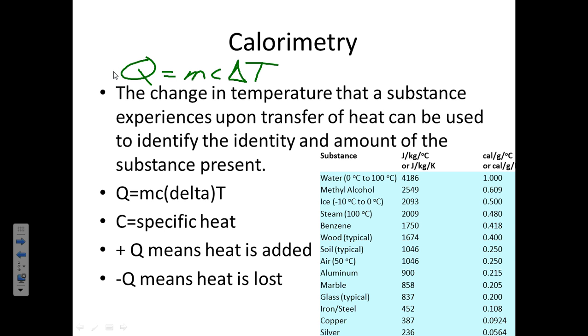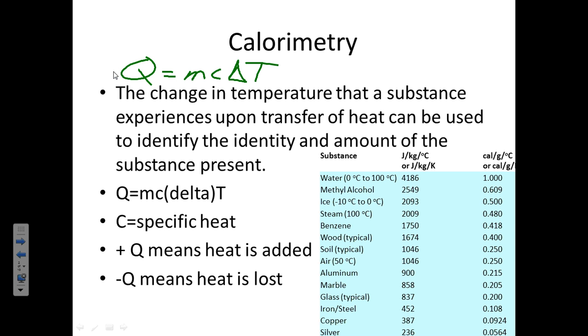So why would this specific heat number be important to know? Well, it turns out it's constant. So let's say you had some piece of metal and you didn't know what it was, and you wanted to identify what metal it is. You can actually do an experiment, and we'll look at a problem in a minute where you do this. And I think you guys just did something like it in chemistry, right? You were allowed to take a metal and heat it up under water.